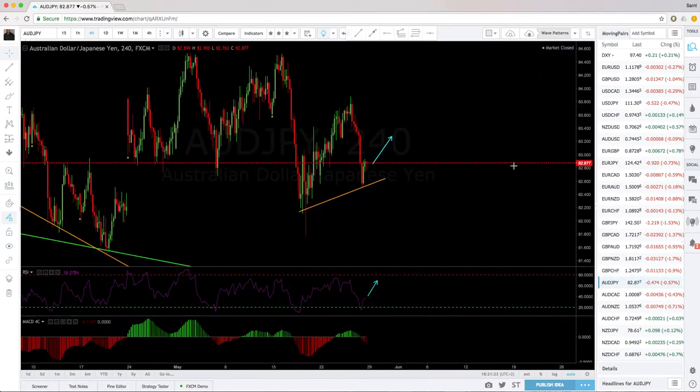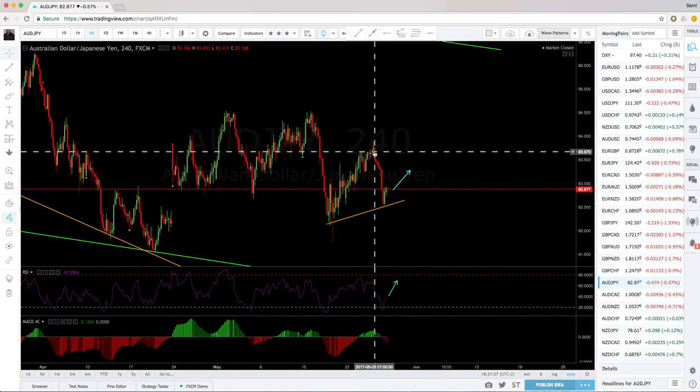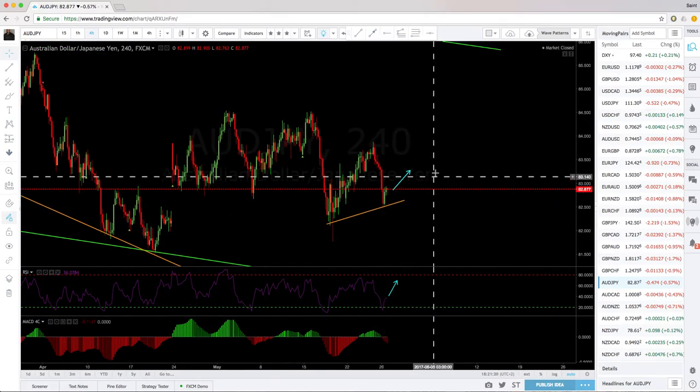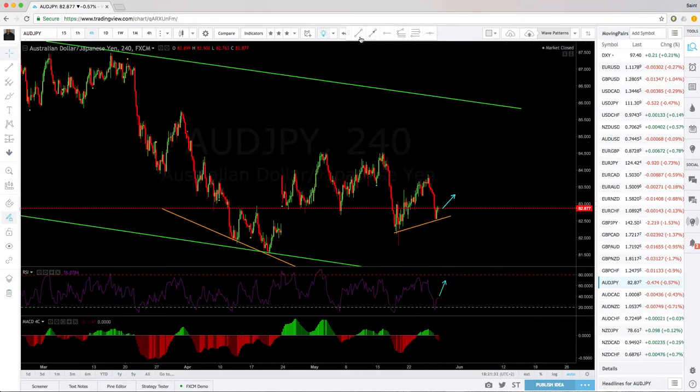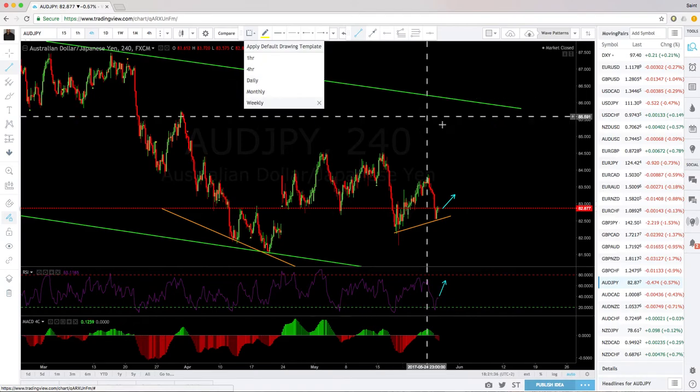Let's go on to the Aussie pairs. Aussie yen is currently coming off of a bearish impulse. If we look at the bigger pattern, it looks like this.